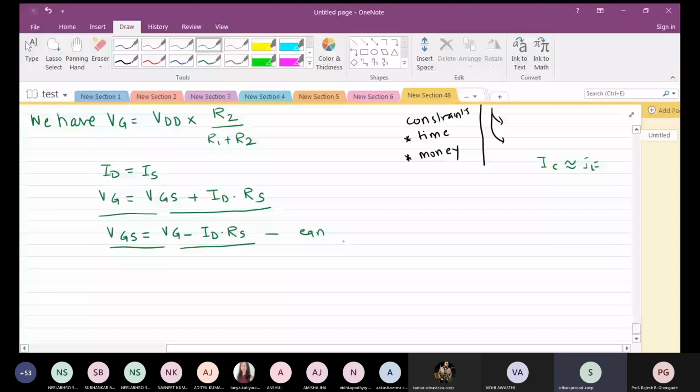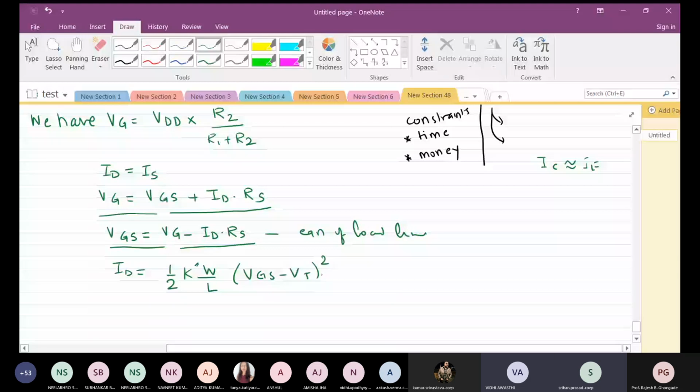Then what is the equation for the MOSFET? ID is equal to half K dash W by L into (VGS minus VT) squared.